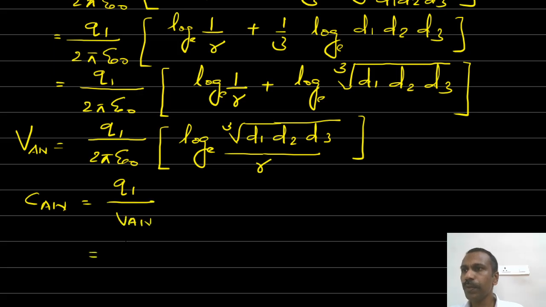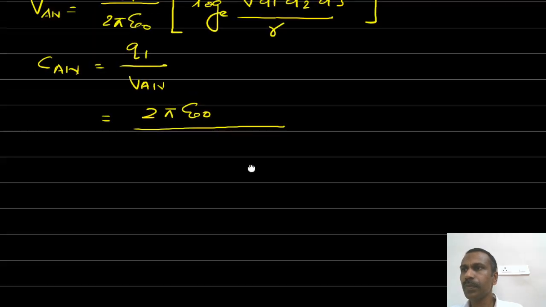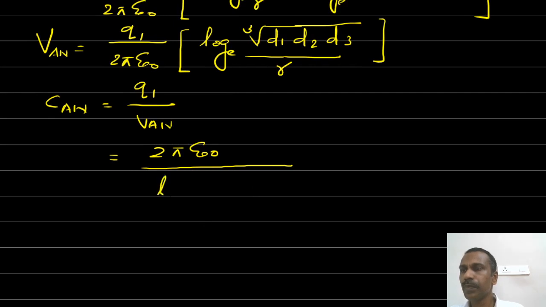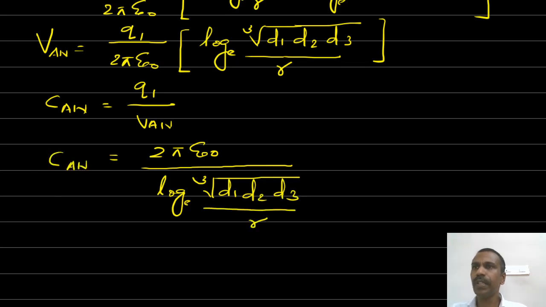So this is equal to 2 pi epsilon 0 divided by log of the cube root of D1, D2, D3 divided by R. This is the capacitance of A phase. Its unit is farad per meter because we considered 1 meter length of transmission wire.